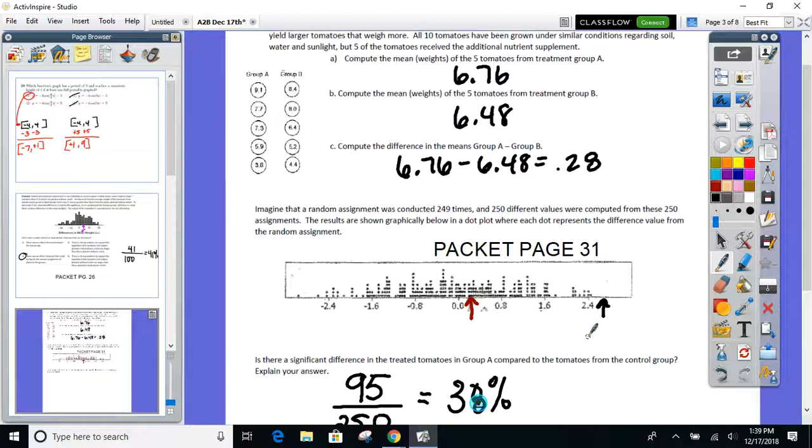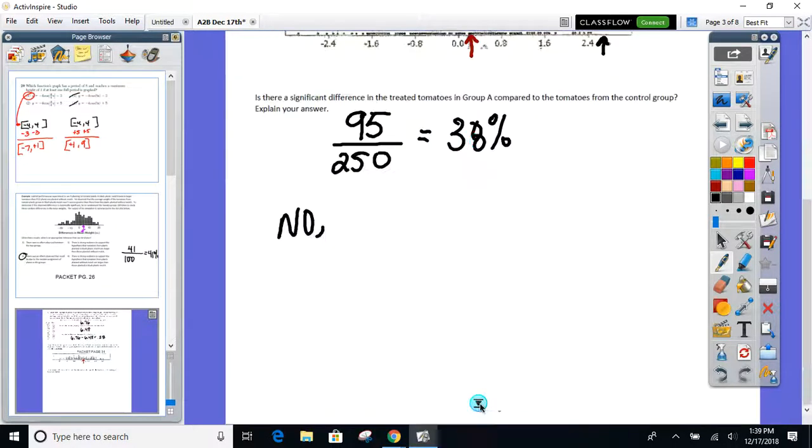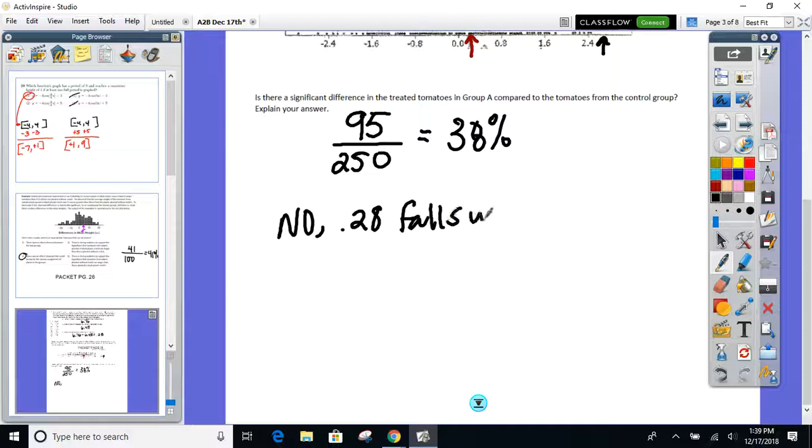Okay? It's significant if it didn't happen by random chance. How about that? Okay. Yeah, I'm sure. Well, we're going to do a couple more, so don't worry. So no, 0.28 falls within what level of confidence? Falls within our 95% confidence interval.